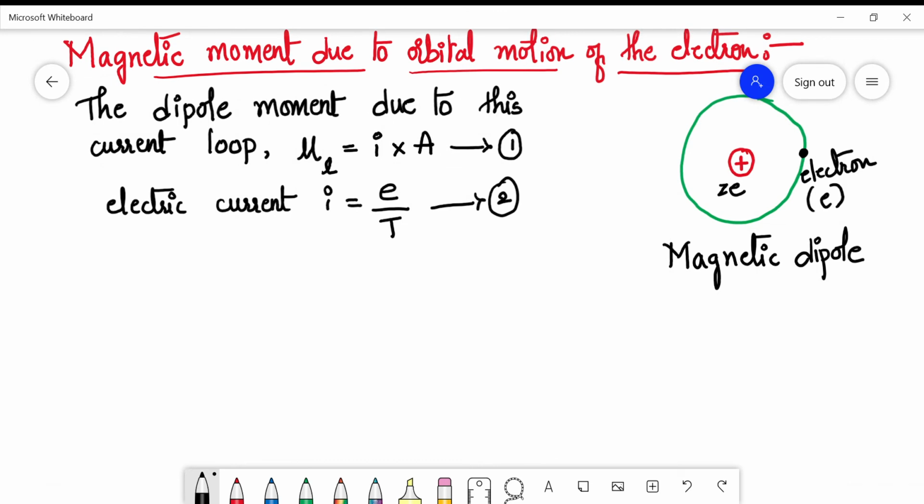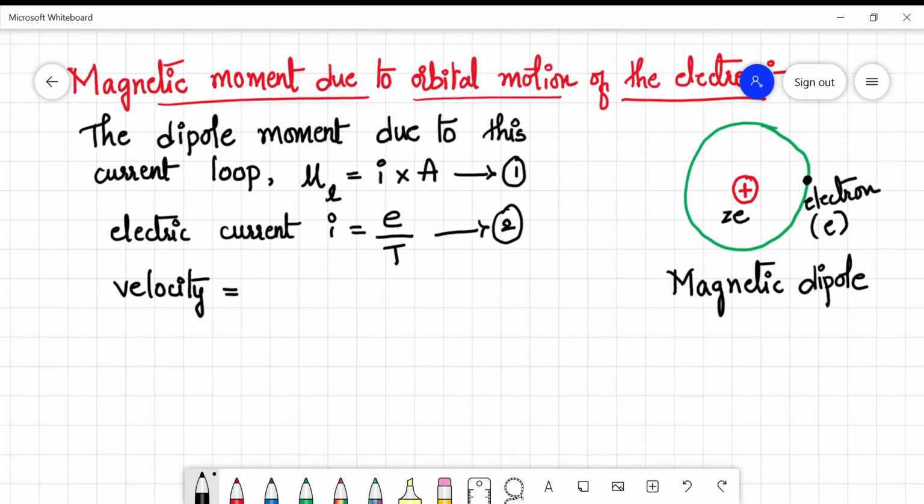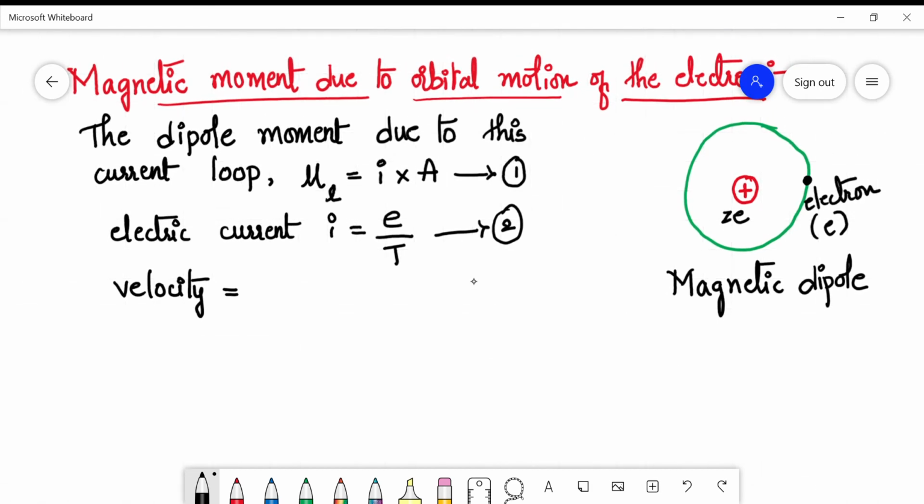Now, we also know that the linear velocity can be given by distance covered divided by time taken. If this electron completes one full circle, the distance it has covered is nothing but the circumference of this circle.